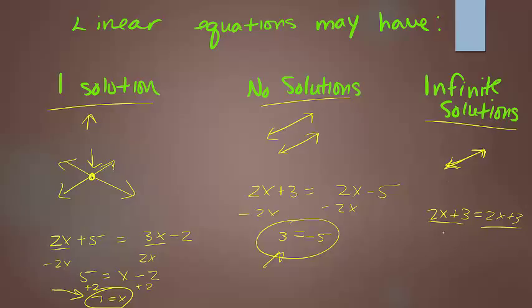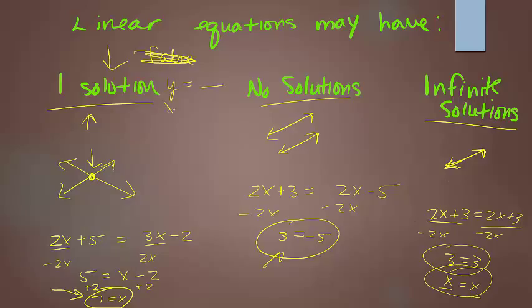If we try to isolate the variable, those will go away and we end up with 3 equals 3, or we could have ended up with x equals x. If you get something equal to itself, you know that there is an infinite number of solutions. So one solution if you get x equals something, no solutions if you get a false statement, and an infinite number of solutions if you get something equal to itself.